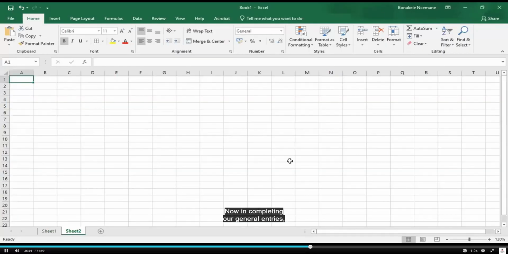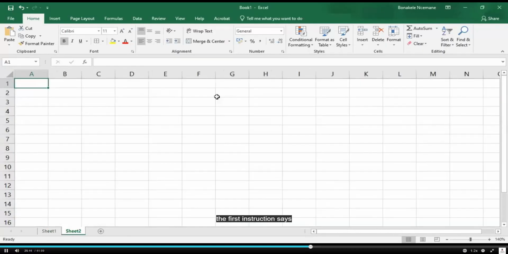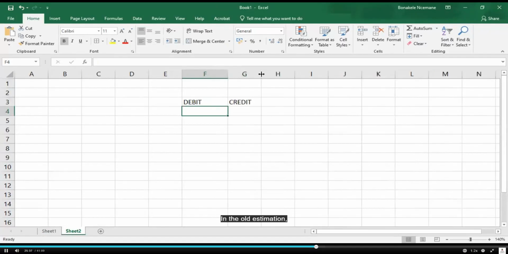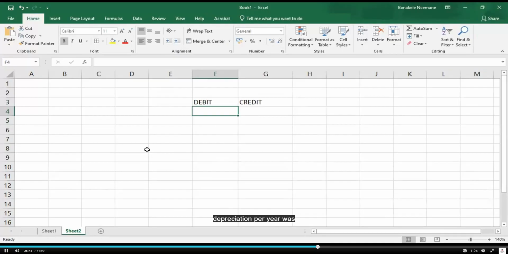Now, in completing our journal entries, the first instruction says that we should show all journals, assuming that the depreciation has not been journalized in the current year. So we will journalize the depreciation with an assumption that it is the first time in the current year we put through the depreciation. Now, in the old estimation, depreciation per year was 100,000.